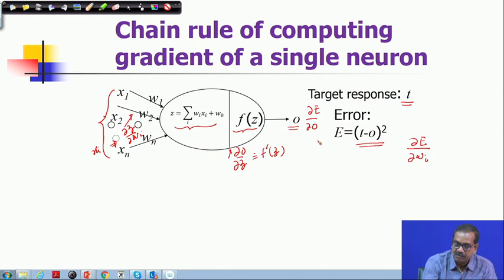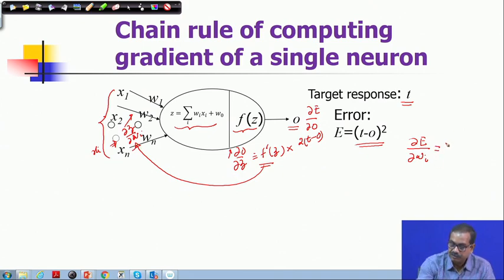Delta E by delta O will give you 2 into t minus O, then f dash z, which depends upon the functional form. We will see how it looks for a particular function. So, it should be multiplied with this, and then this should be multiplied with this. That is your total delta E by delta Wi: 2 into t minus O, then f dash z, and then xi. That is how the chain rule is applied.